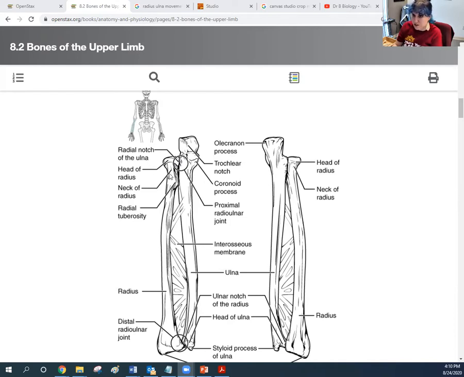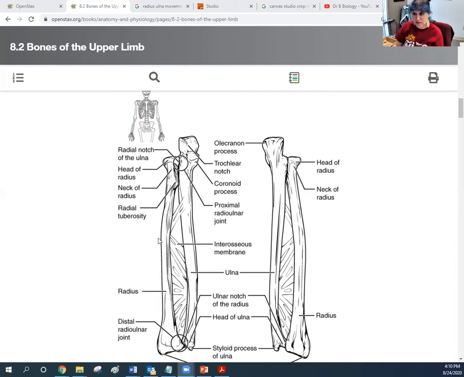So the ulnar notch is on the radius, it's the notch for the ulna. The radial notch is on the ulna, it's the notch for the radius. Did I say that backwards? I can't even remember what I just said. But again, they're on opposite bones. And that is one of the places where they rotate against each other to create pronation and supination at this end.